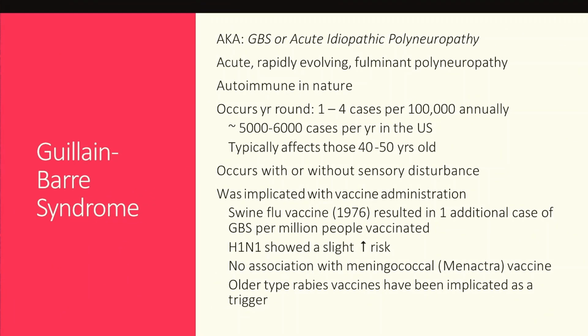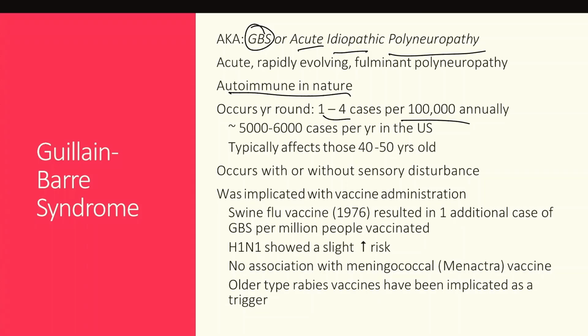The next one is Guillain-Barré syndrome. This you hear a lot about with flu vaccines, one of the side effects. Very, very, very rare occurrence, but it does happen. You can see 1 to 4 cases per 100,000 annually. It is autoimmune. So Guillain-Barré has a couple of names associated with it: GBS, Guillain-Barré syndrome, or acute idiopathic polyneuropathy.